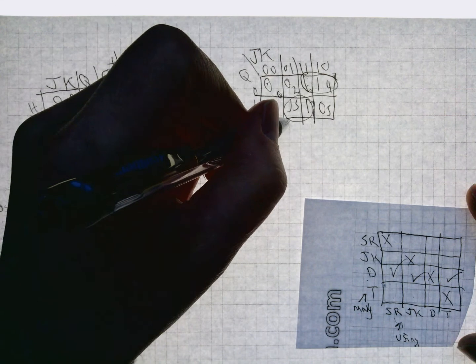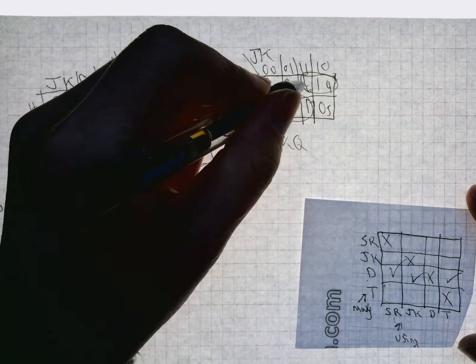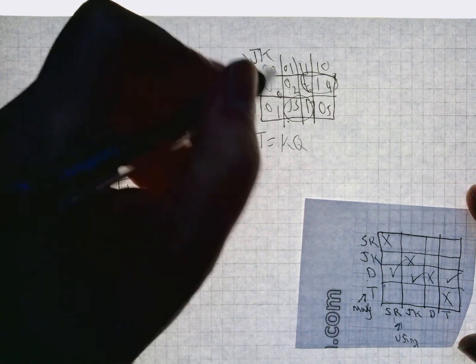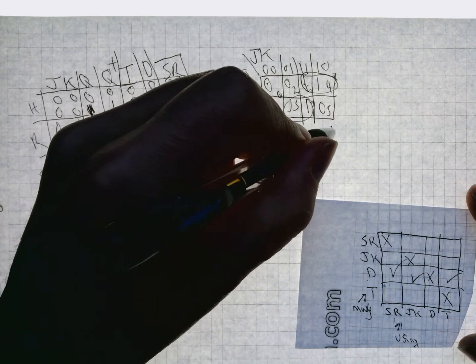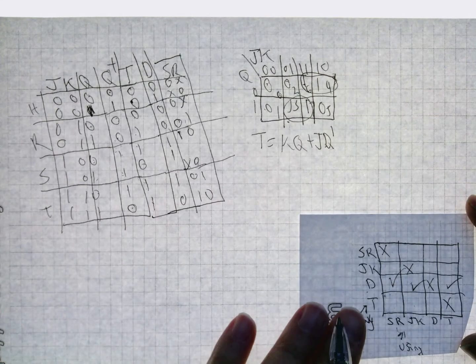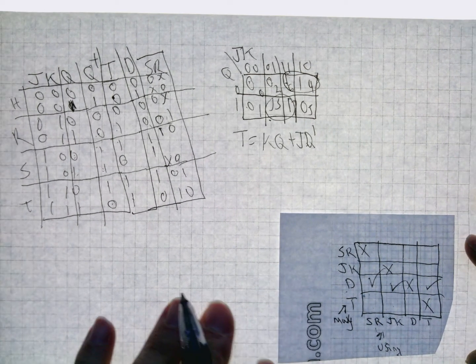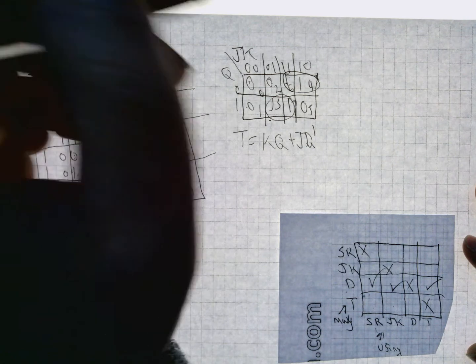For that loop there, that's going to be K, Q. And this here is going to be J, Q prime. Okay, got that right.